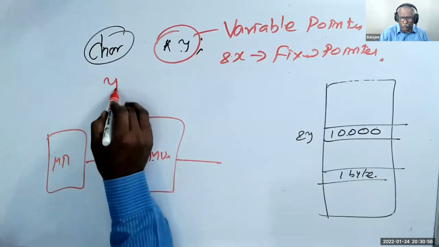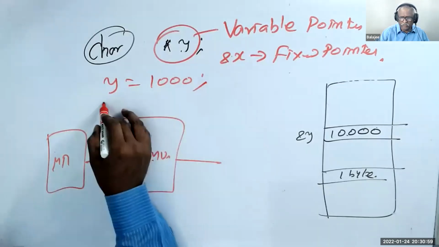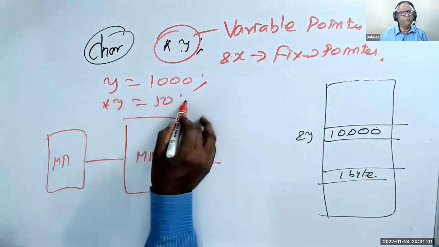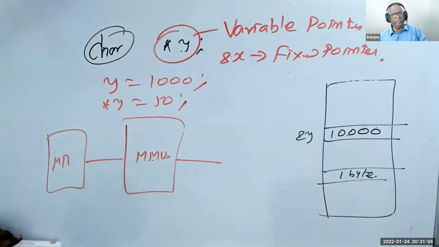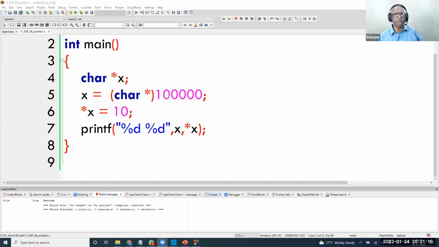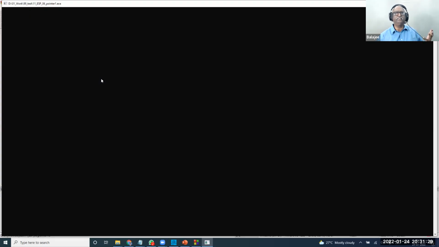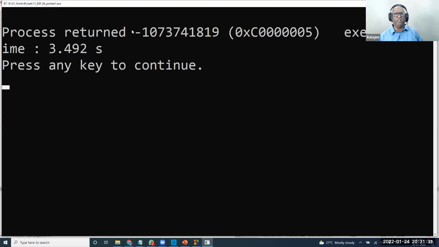If you put the address y is equal to 1000, star y is equal to 50, I showed you the same problem here. When I try to store 10 at address 1000, see, it is hanging, and there is a timeout, and the other is -1.